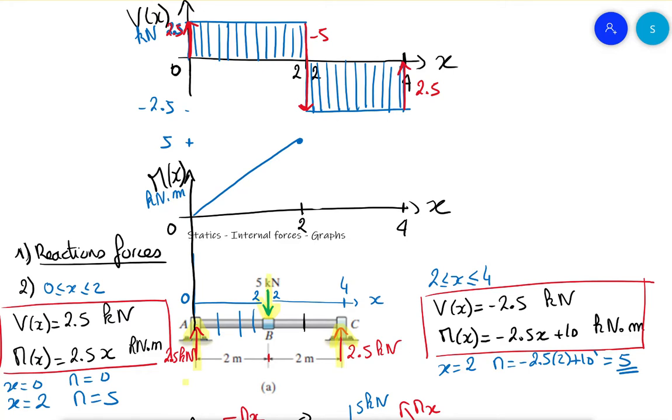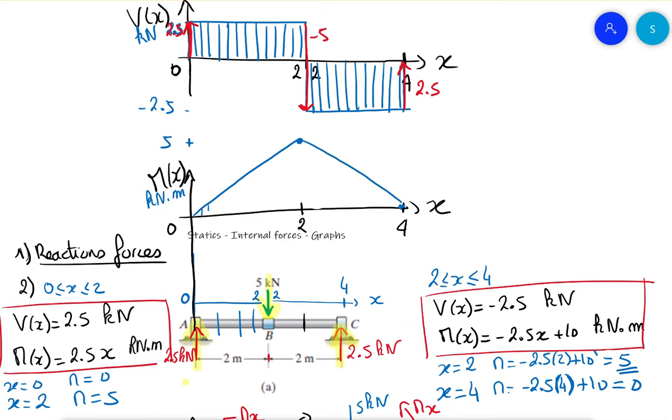So the moment should be continuous. For x equal to 4, the last limit, at the point C, we have the moment equal to minus 2.5 times 4 plus 10, and it's equal to 0. So the moment is there.